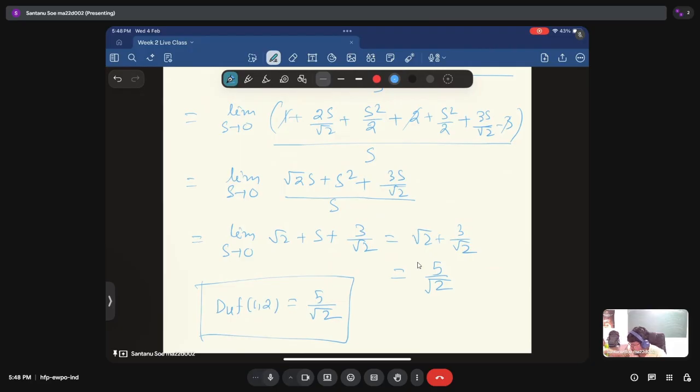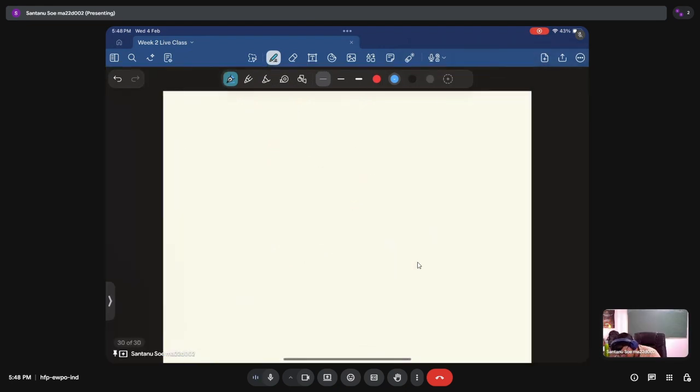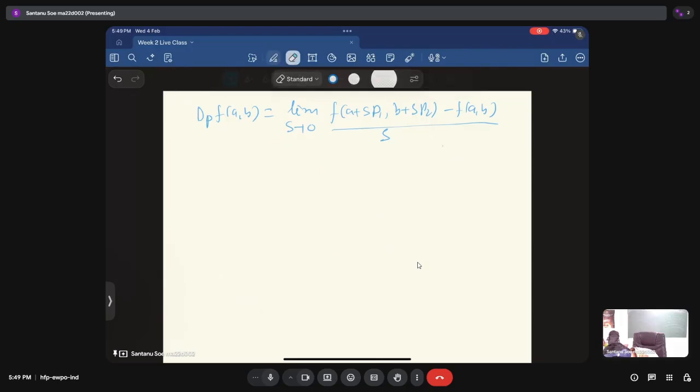Okay. So now one more thing to notice here is that, for example, D_p f(a, b) is nothing but the limit as s tends to 0 of f(a + s p1, b + s p2) minus f(a, b), divided by s, where p is (p1, p2).